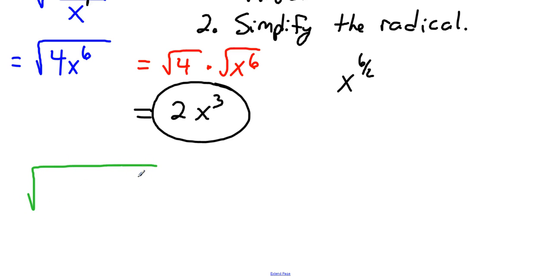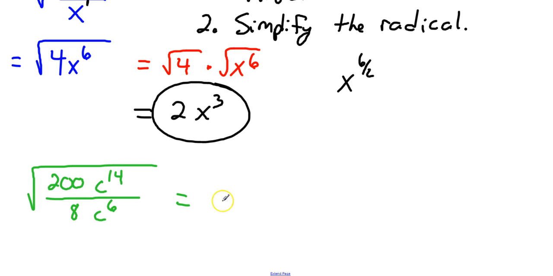So let's say we're going to do the square root of 200c to the 14th, and that's over the square root of 8c to the 6th. Okay, so number-wise, you've got 200 divided by 8.